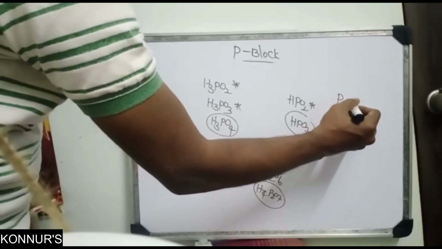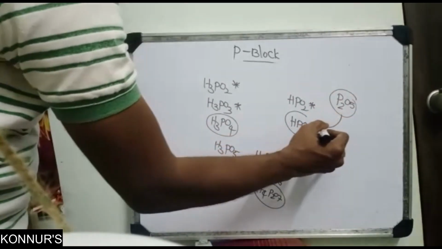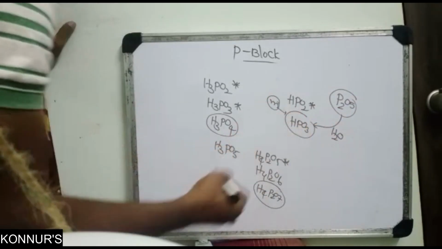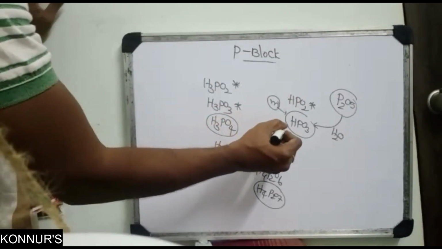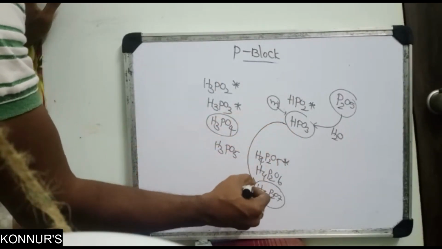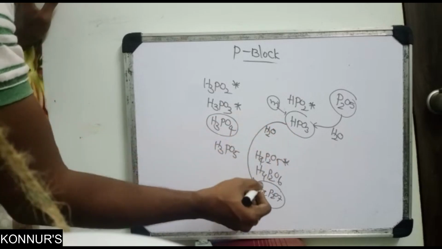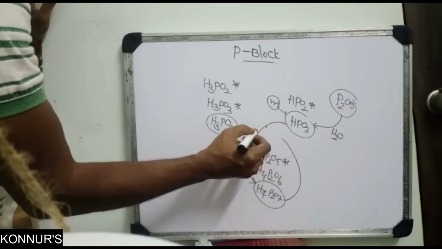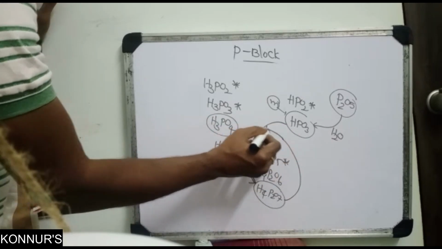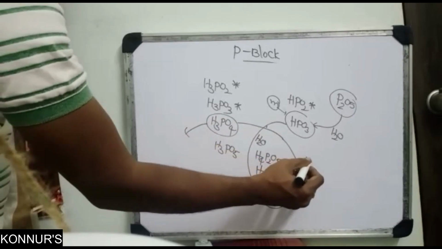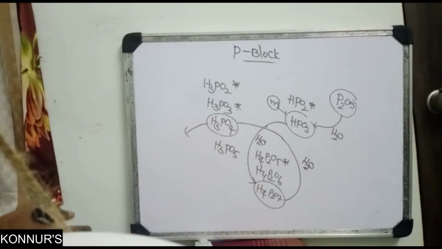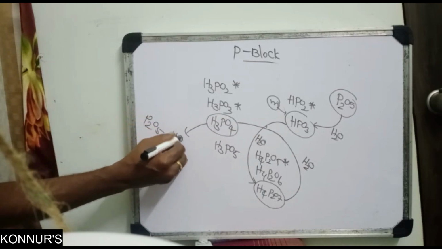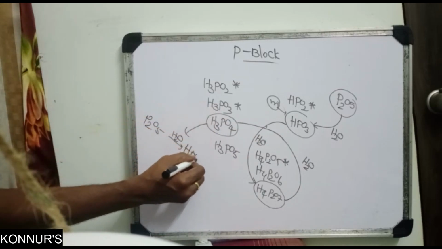Suppose you take these three. P2O5 treated with water gives metaphosphoric acid, HPO3.